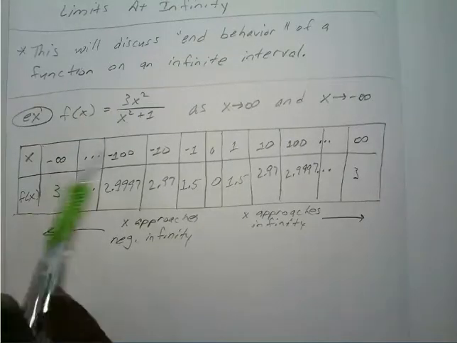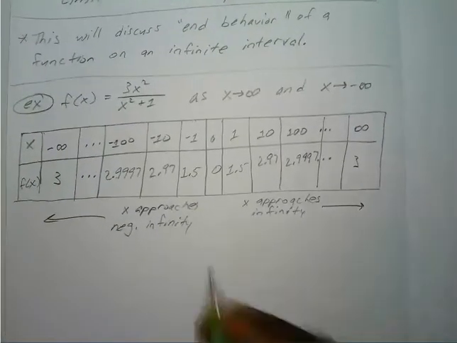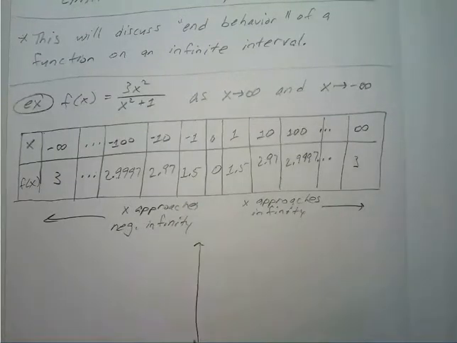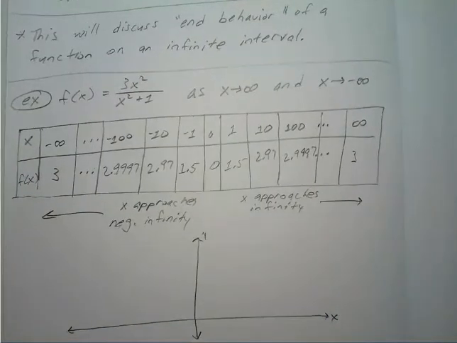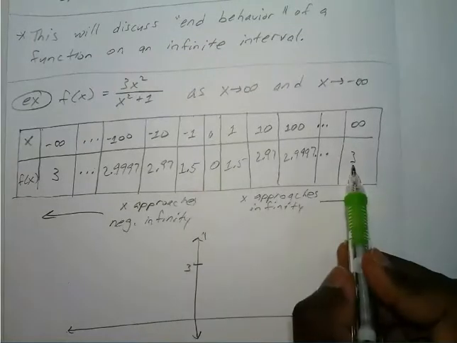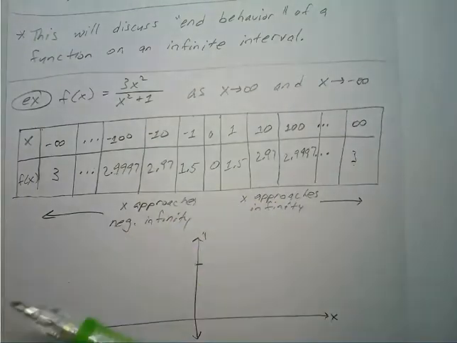If you were to sketch this function, it would look something like this. Let's say this is our x-axis and your y-axis. Let's say this is your f of x equals 3, or y equals 3.